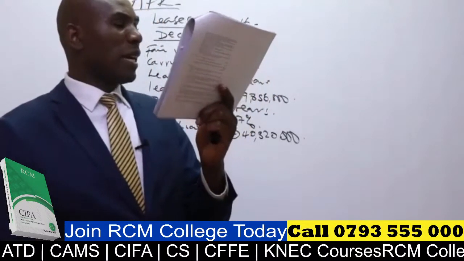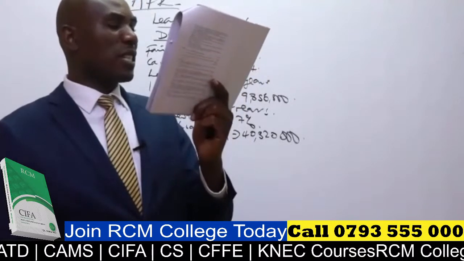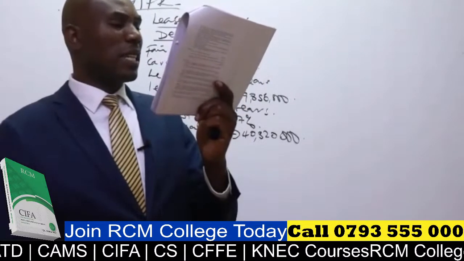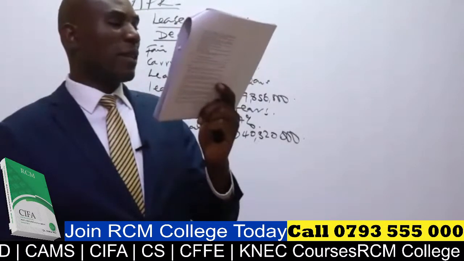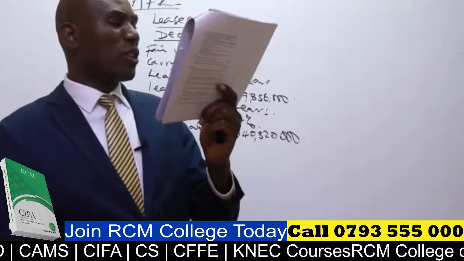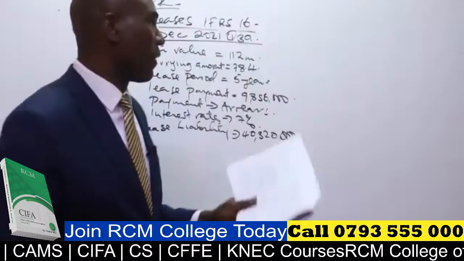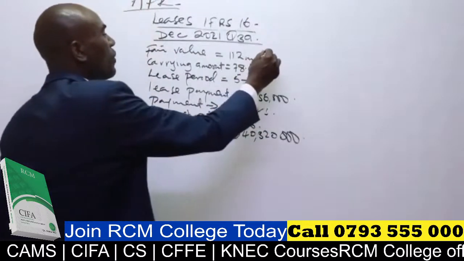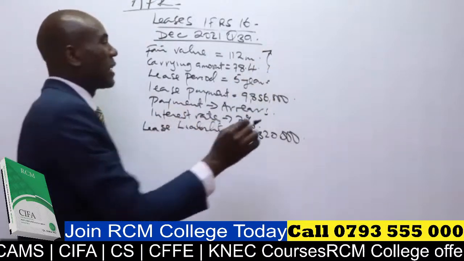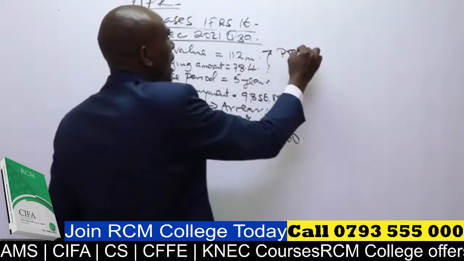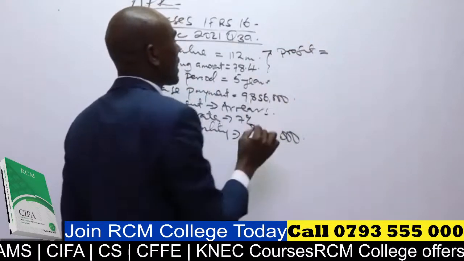Harry Limited recorded the cash proceeds, recognized the building and recorded the profit on disposal of 33.6 million. Therefore, out of this sale, Harry Limited recorded a profit. How did Harry Limited get the profit?